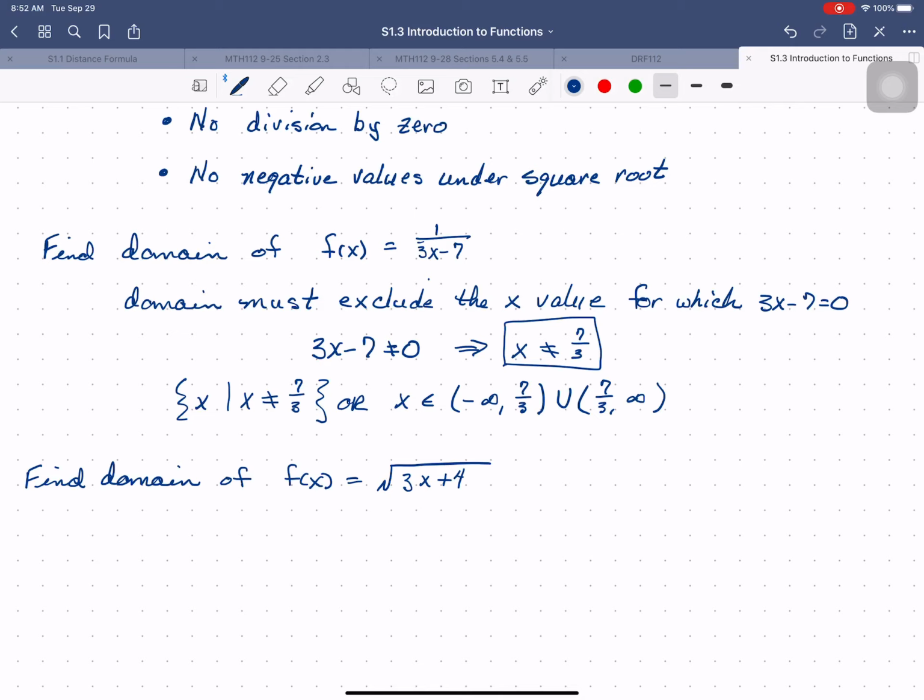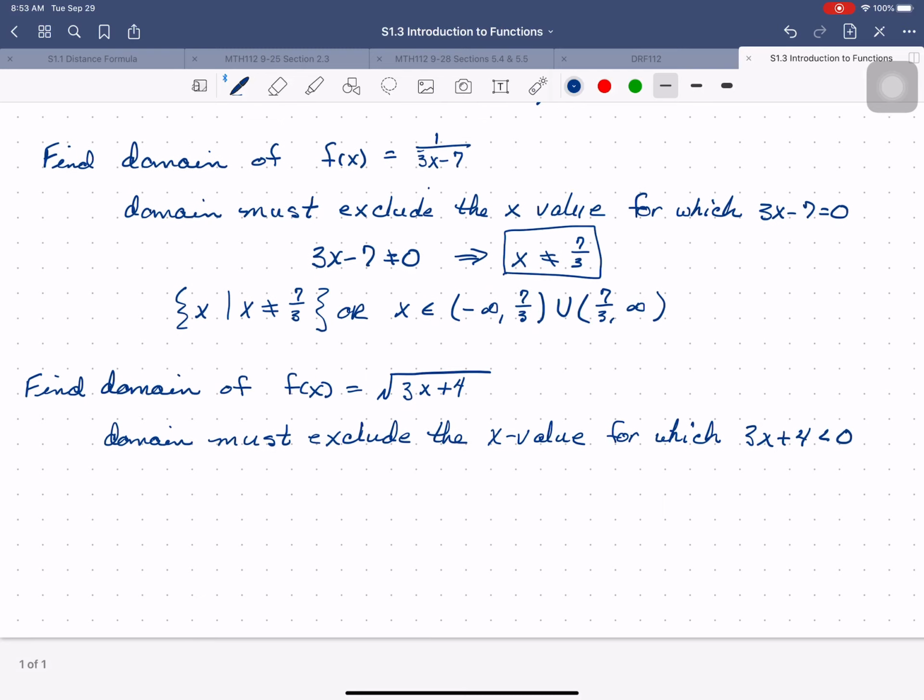So if we look at our two main rules, that means the domain must exclude the x value for which the thing under the square root would be negative.